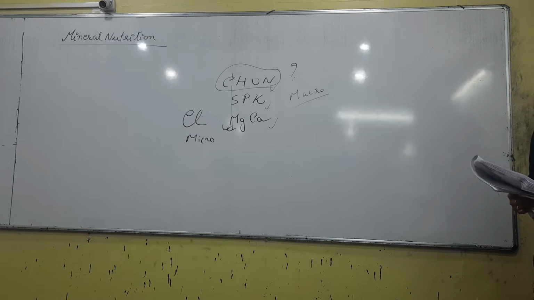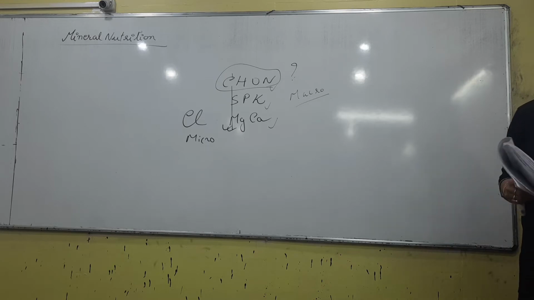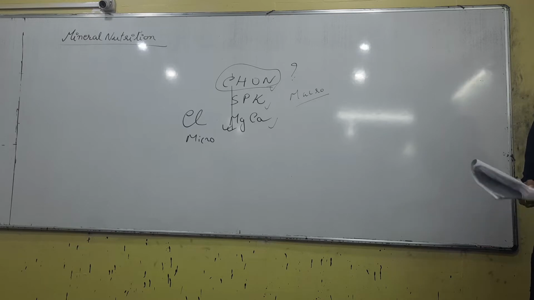So what is nitrogen fixation? The process by which atmospheric nitrogen goes into the soil, we call it nitrogen fixation. So atmospheric nitrogen will get mixed into the soil by either biological or physical methods. If we are talking about biological, meaning we are talking about microorganisms, these microorganisms are responsible for fixing atmospheric nitrogen to the soil. Whenever we talk about microorganisms, they could either be symbiotic or asymbiotic.